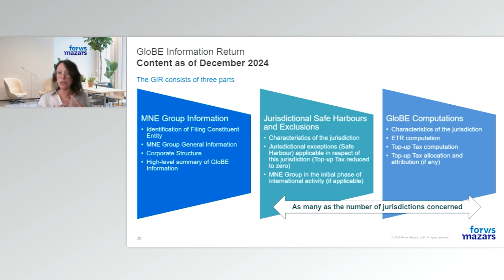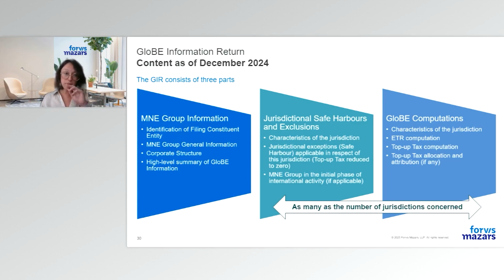It is a summary, so you have to indicate whether a safe harbor is applicable, the ETR of the jurisdiction, the amount of top-up tax payable under the GMTT, and the amount of top-up tax payable under GloBE rules, so IIR or UTPR. And this table is repeated as many times as the number of jurisdictions.